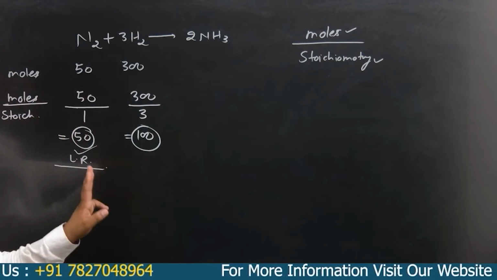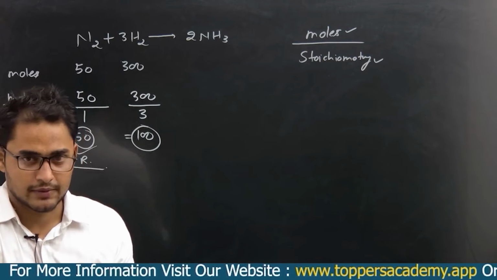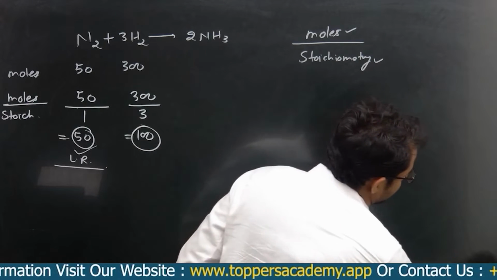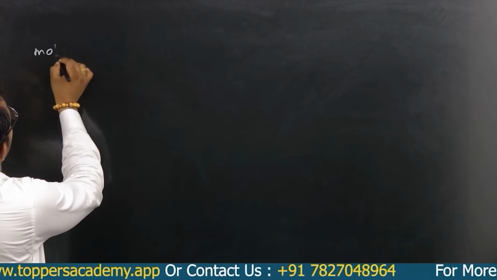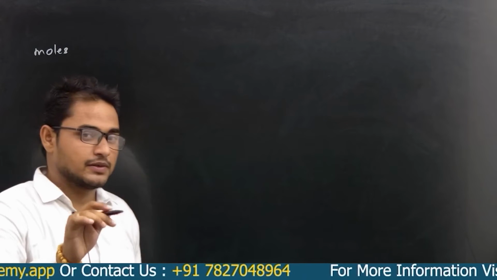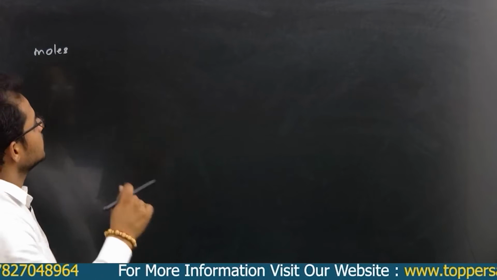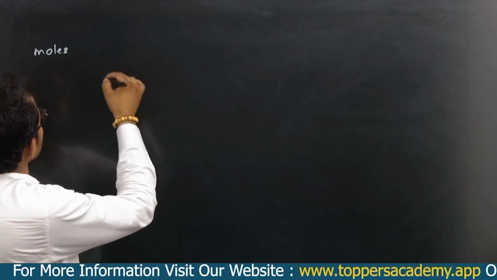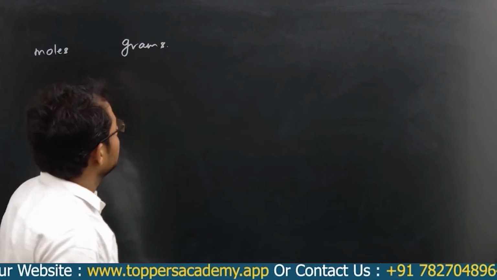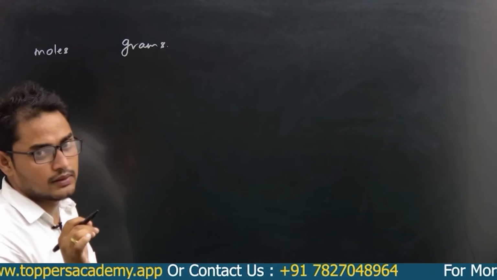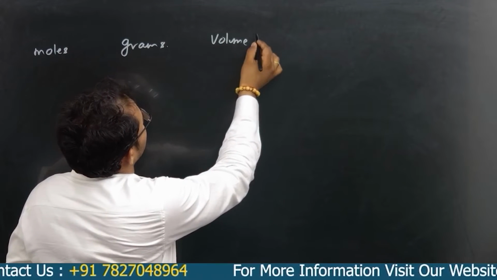Now I'm going to discuss 3 cases which we generally deal with in different types of questions. Maybe we are given the number of moles. The simplest way is to calculate the number of moles upon stoichiometry, then we'll be able to define the limiting reagent. Another way, maybe the amount is given in grams. In another question, you may have the value of volume, in liters or ml.